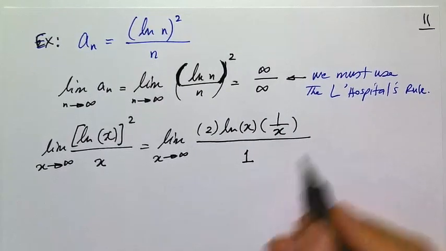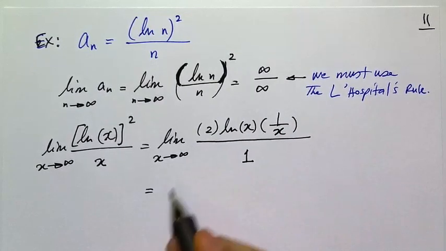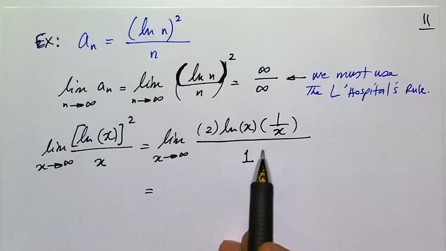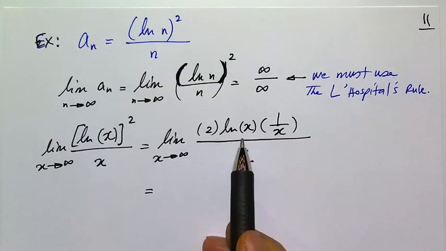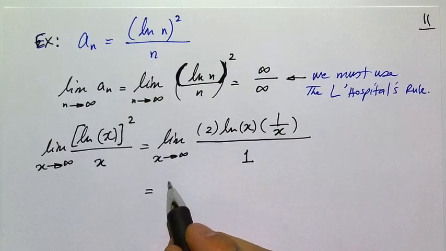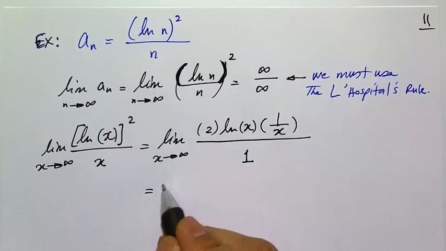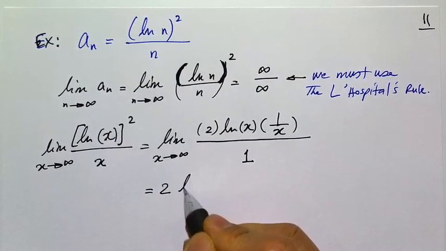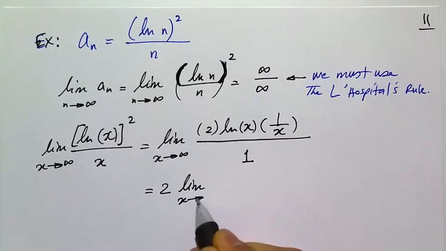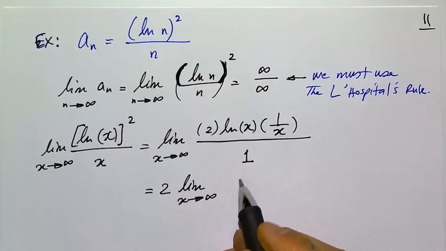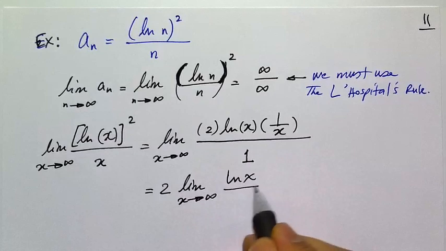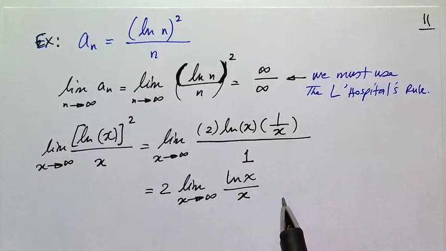Okay, so this simplifies to just 2 natural log of x over x. So I'm just going to put the 2 in front like that, and then natural log of x divided by x.